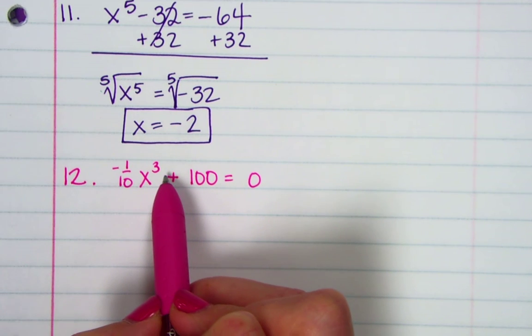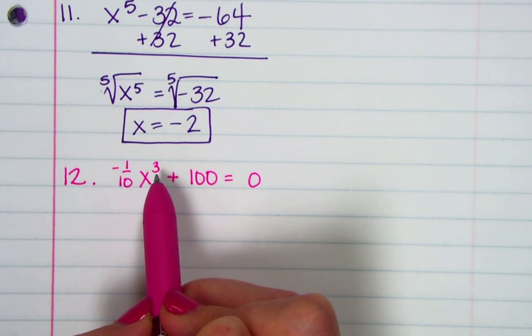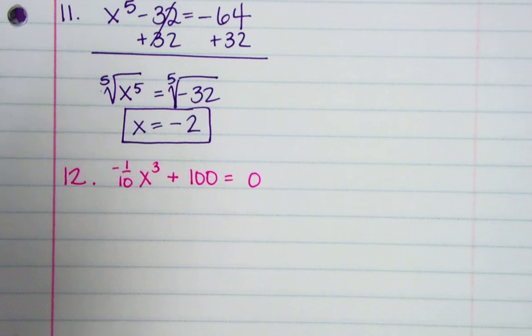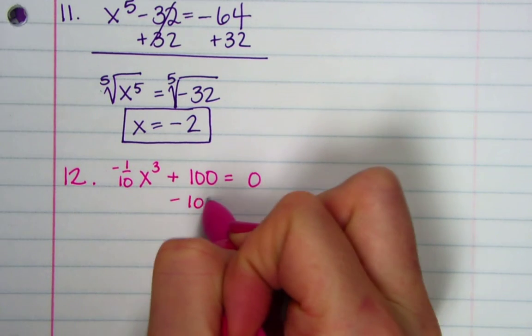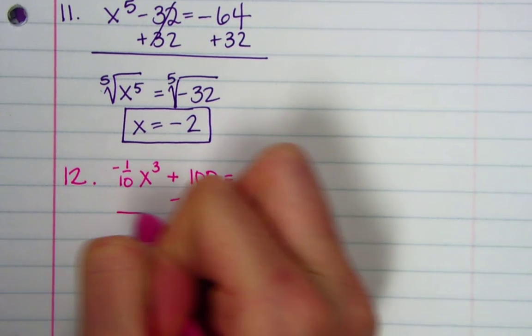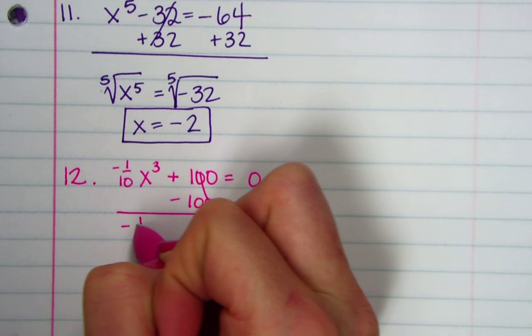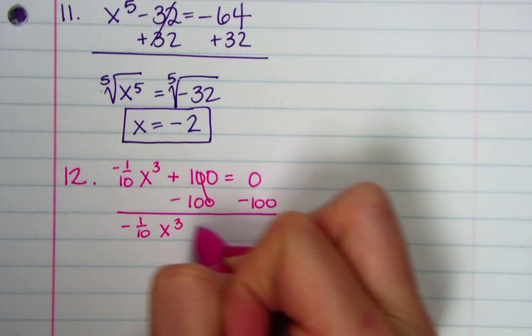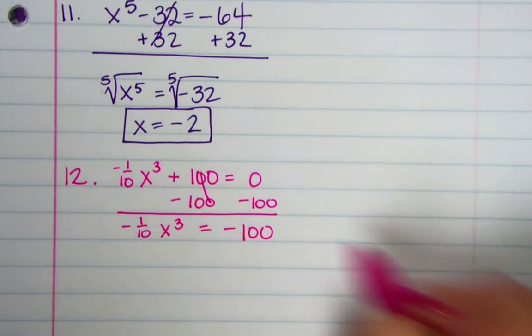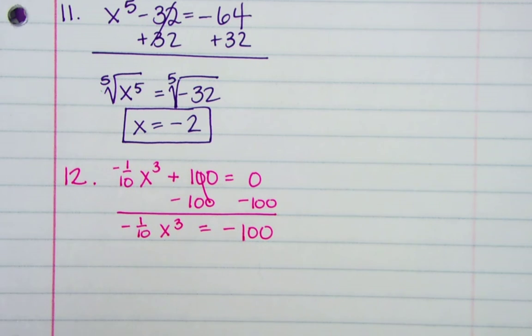Only when the exponent is negative do we have to flip it. I know every class, I'm glad you're remembering that rule, but only when this is negative. So this is just a number. Subtract 100. 0 minus 100 is negative 100.